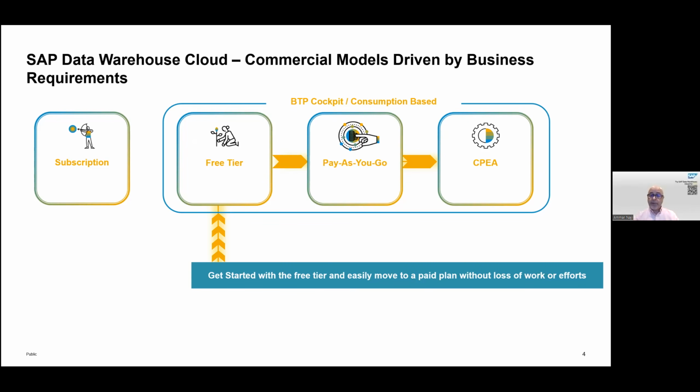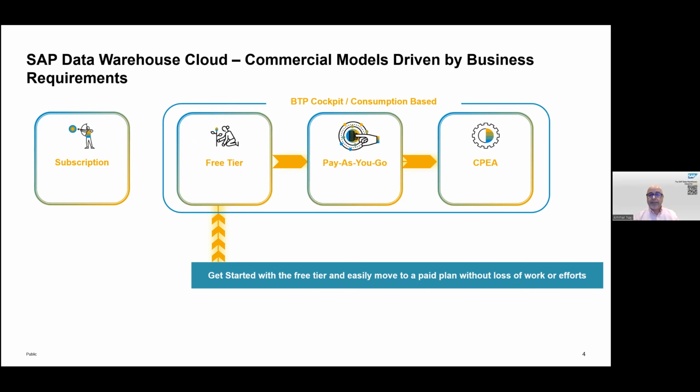Therefore, SAP Data Warehouse Cloud has been available under subscription-based consumption since 2019. And now we included it in the SAP BTP consumption-based commercial model. Customers can consume it under both pay-as-you-go, as well as under the Cloud Platform Enterprise Agreement model. In addition to that, which is the exciting part for us today, customers can leverage the free tier, which we released as part of this offering.